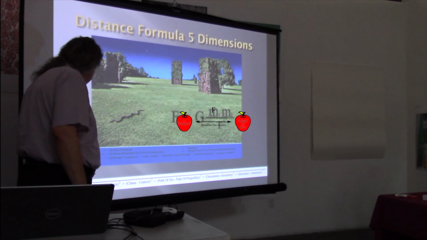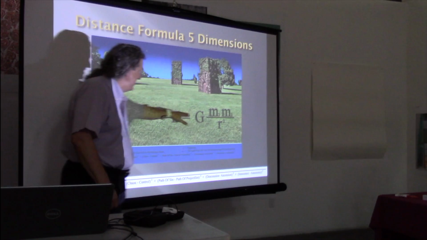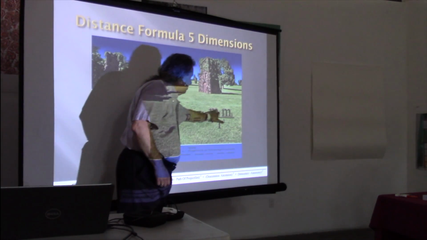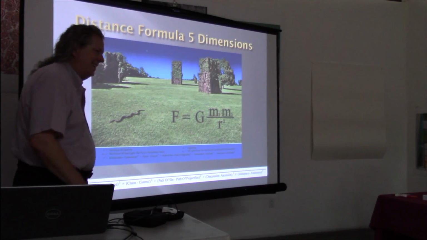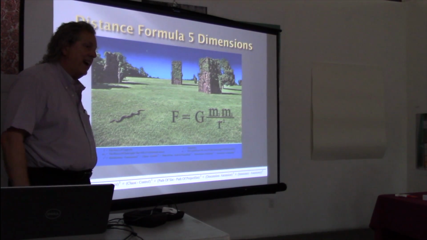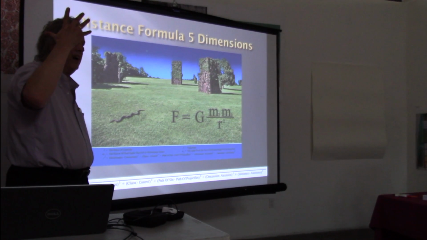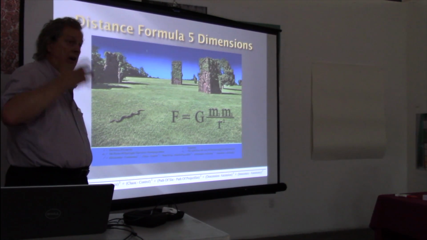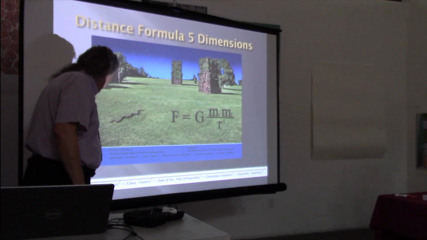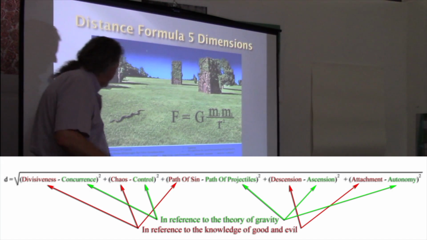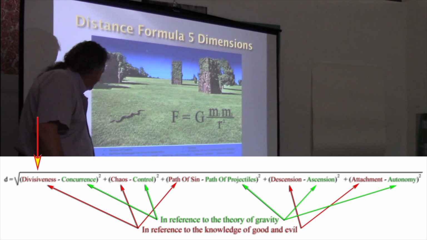So this equation down here, the distance between the two bodies is the distance formula, and we're going to get into that. But it's in 5 dimensions. It's in five-dimensional space as opposed to our normal 3-dimensional space. So this is the distance between the concepts of divisiveness and concurrence.